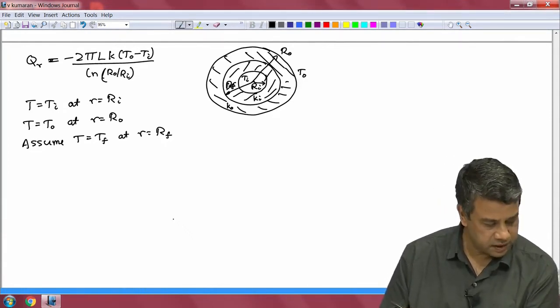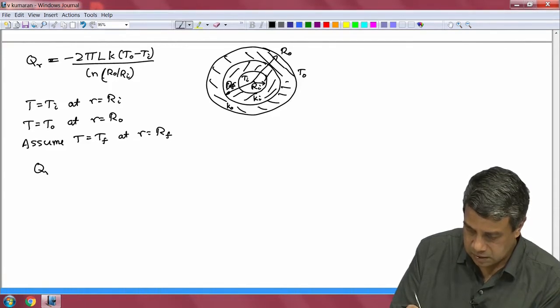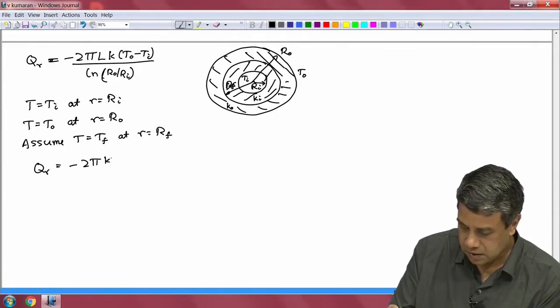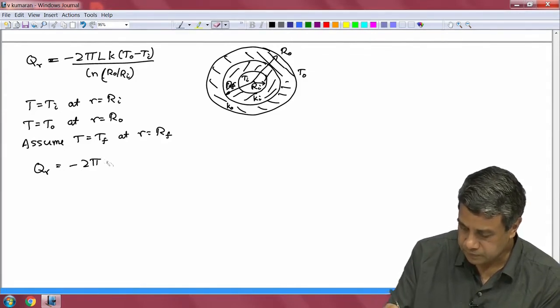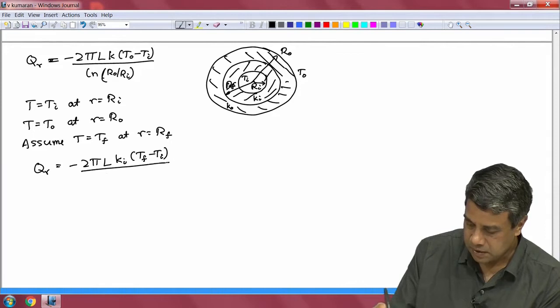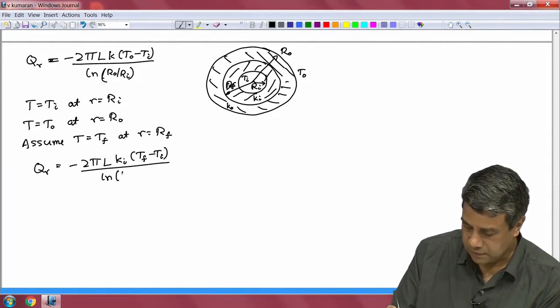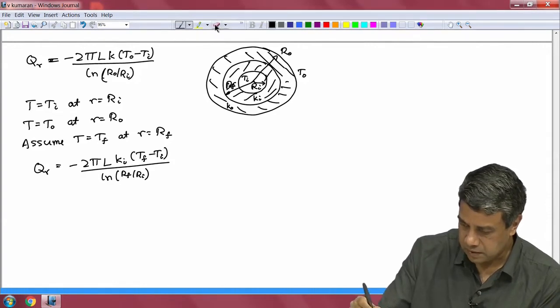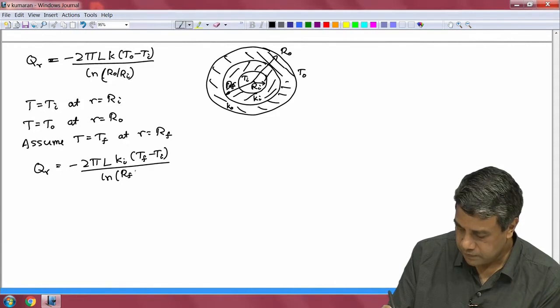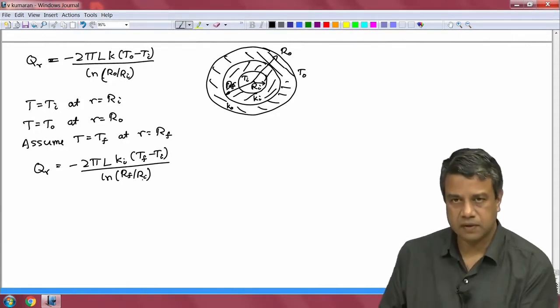Then we can write the expression Qr is equal to minus 2 pi L Ki times Tf minus Ti by ln of Rf by Ri for the inner material.